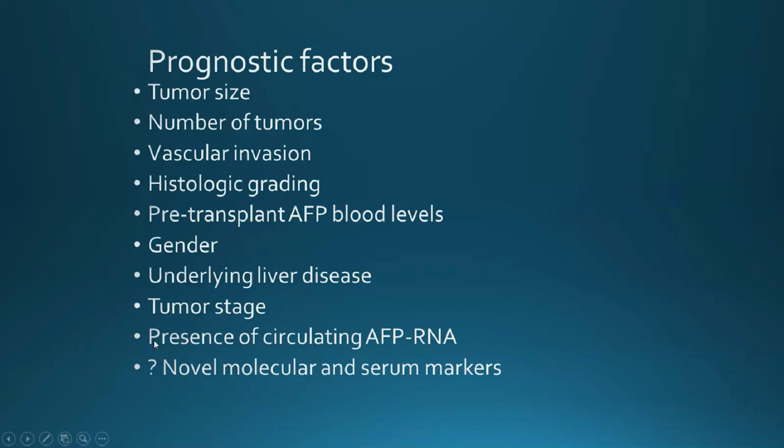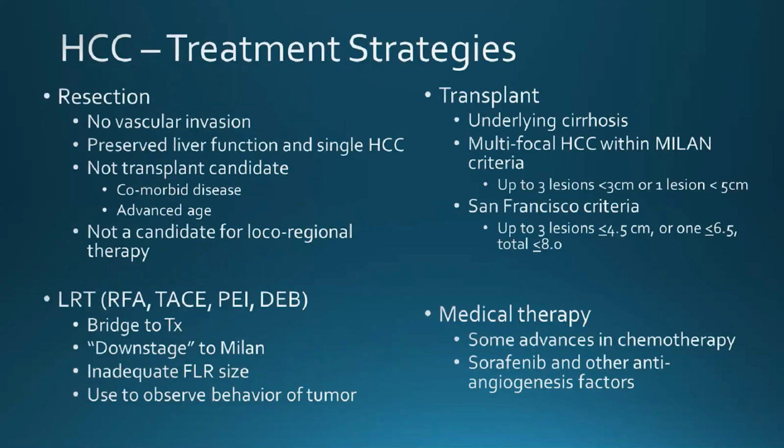And presence or absence of circulating alpha-fetoprotein RNA, which again, if it's present, is a bad sign. And also there are a lot of new markers under evaluation, and hopefully we will see them in the near future. So how to treat these patients?